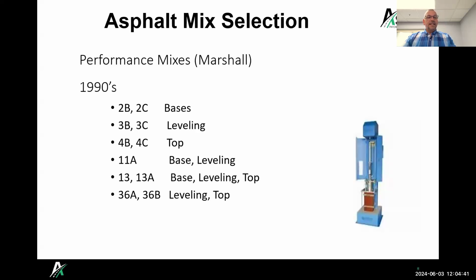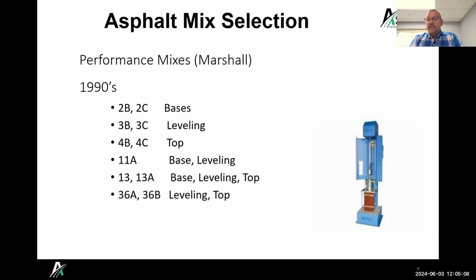In the 1990s, we shifted into what we called the performance mixes. These were the A, B's, and C's. More crushed and angular materials, both fine and coarse aggregates, were being used. We added the Michigan angularity test for fine aggregates. So that gave us the angularity index.